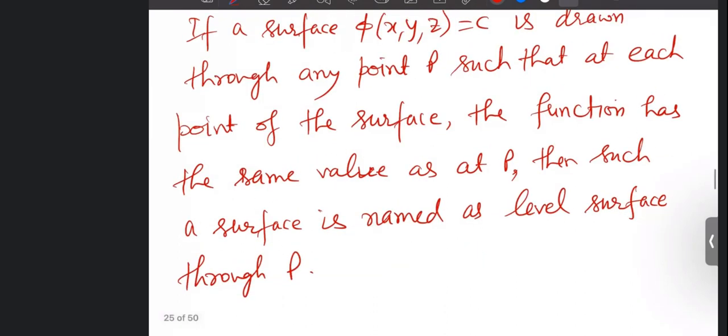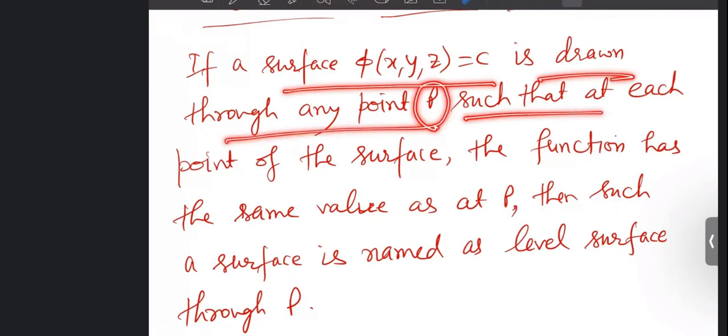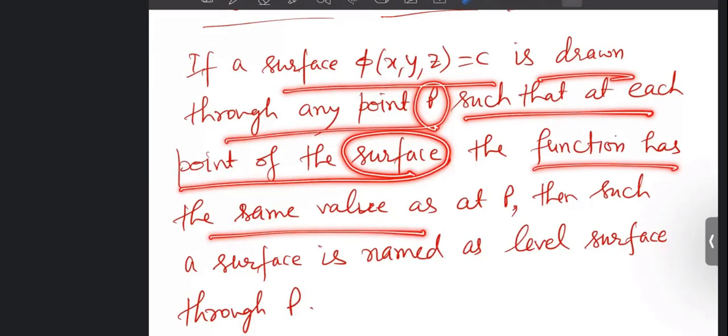Let us consider a surface phi(x, y, z) equal to c drawn through any point P, such that at each point of the surface the function has the same value as at P. The value at P will be defined in terms of the function at each point of the surface.